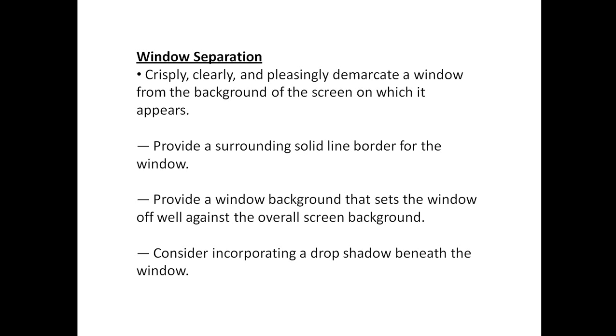The next one we have is window separation. All windows must be clearly set off from the underlying screen. The demarcation must be a crisp one, as well as a visually pleasing one.